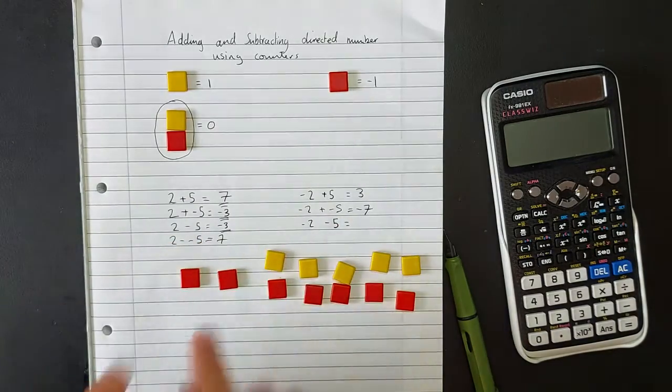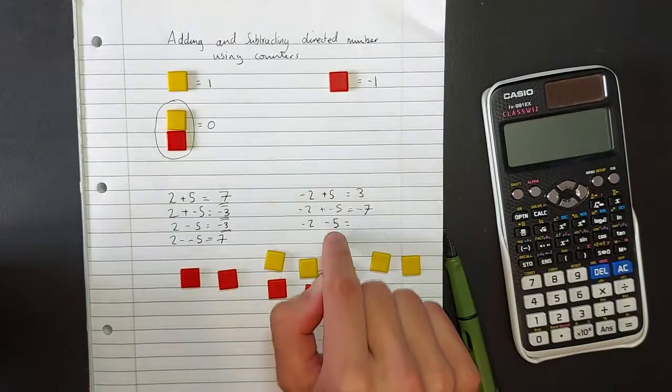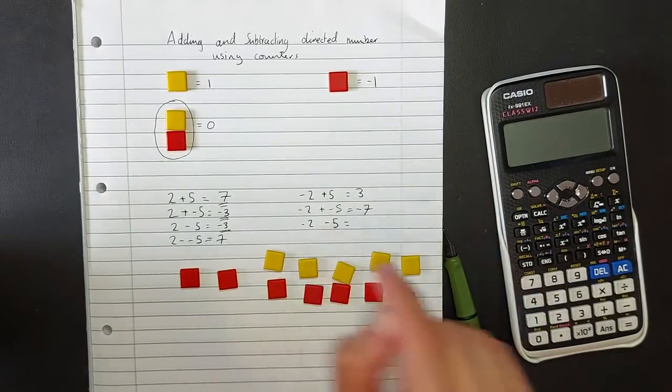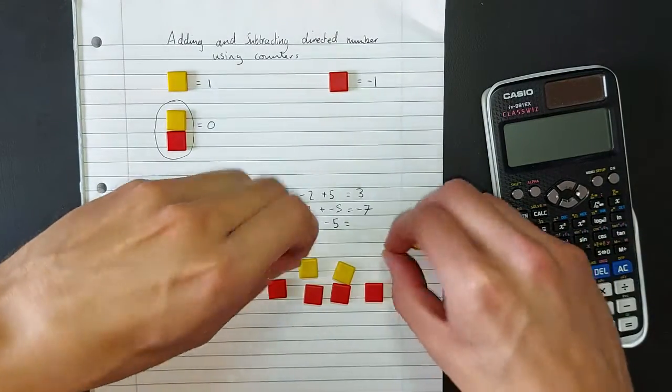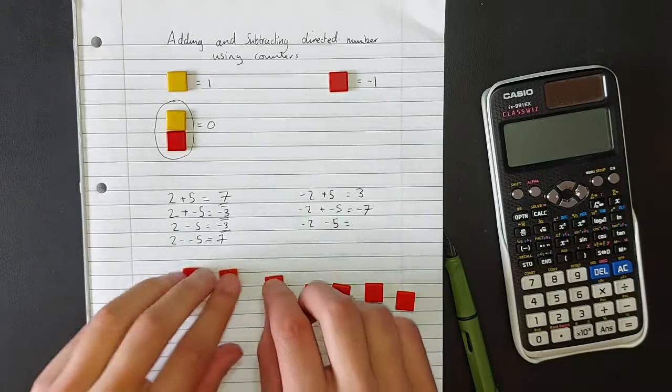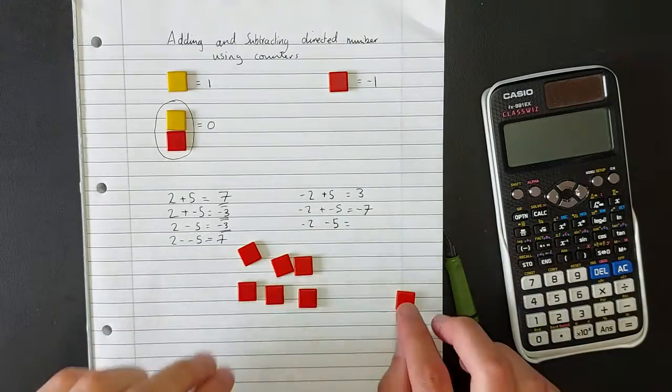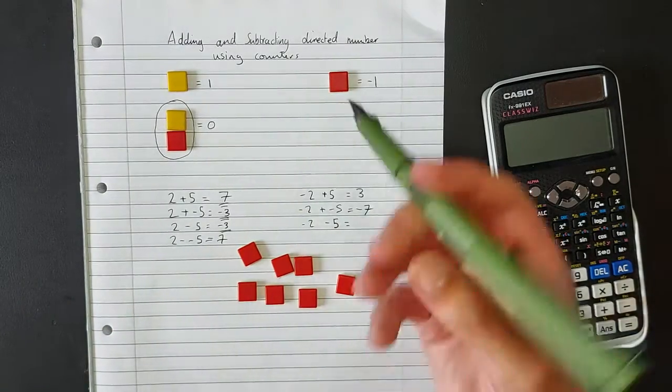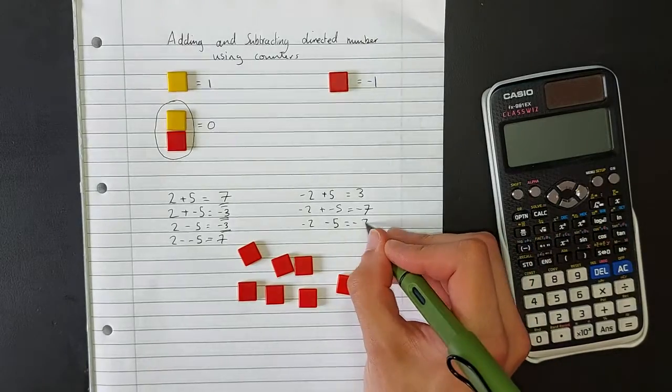Okay, so I've not changed this negative 2. This whole thing here is still worth negative 2, but now I can get rid of 5 yellow counters. So let's do that. 1, 2, 3, 4, 5. So what are we left with? 7 red counters, that's negative 7.